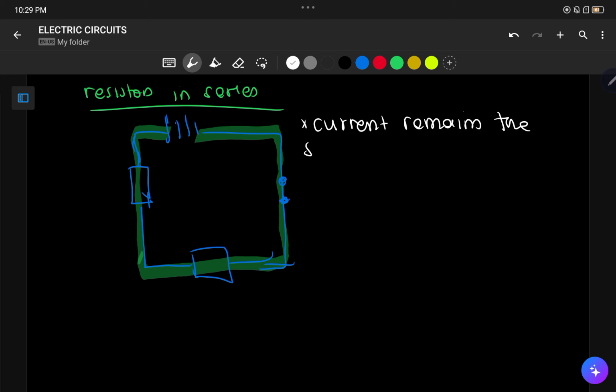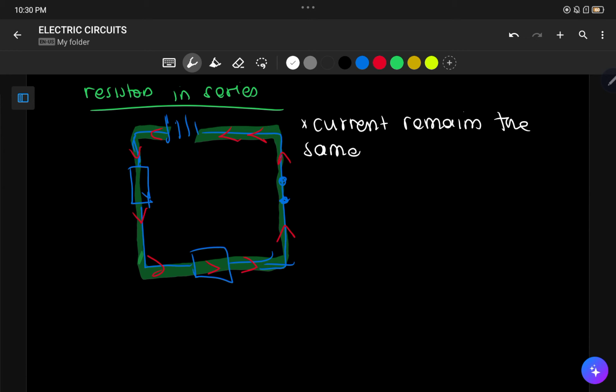There is no division of the current whatsoever. It flows through one pathway until it reaches the negative terminal of the battery.